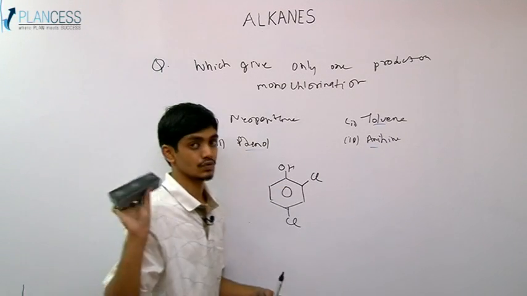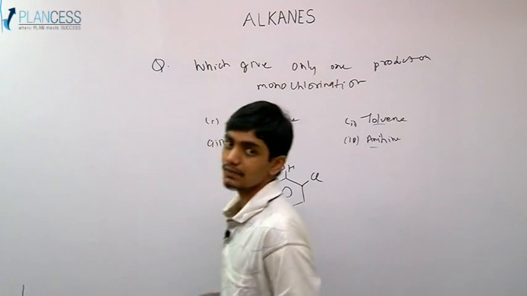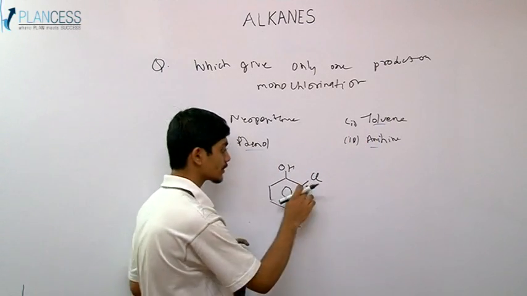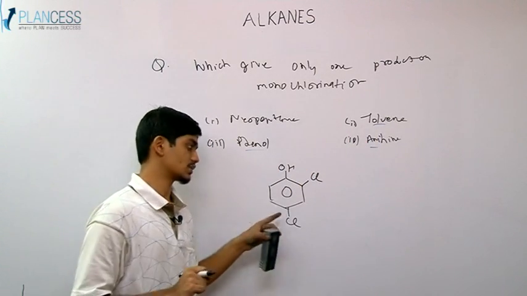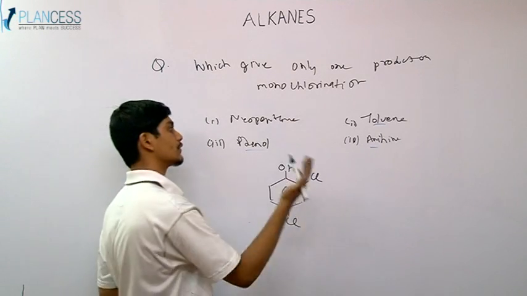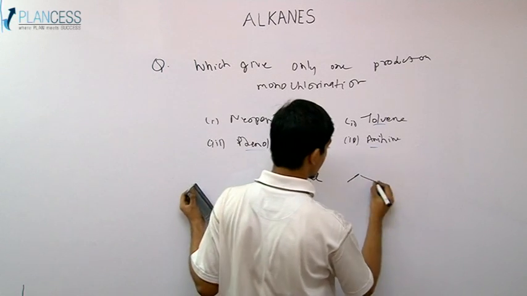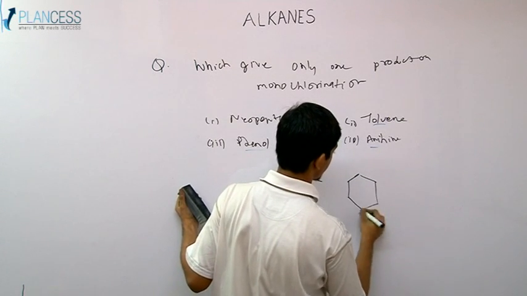Here the only logic which you have to apply is that if you do a chlorination over here, that is different than the chlorination over here, because there are two different products. Similarly for toluene and aniline, if you analyze, then also you will get more than one product.